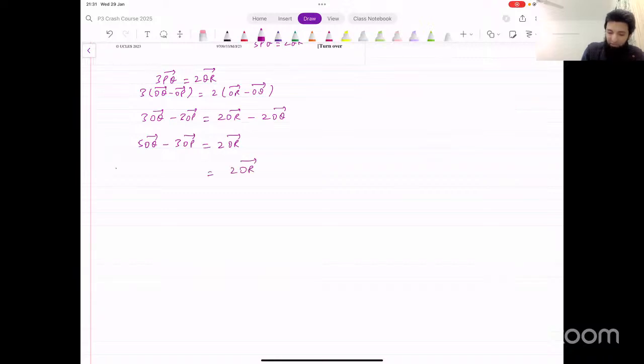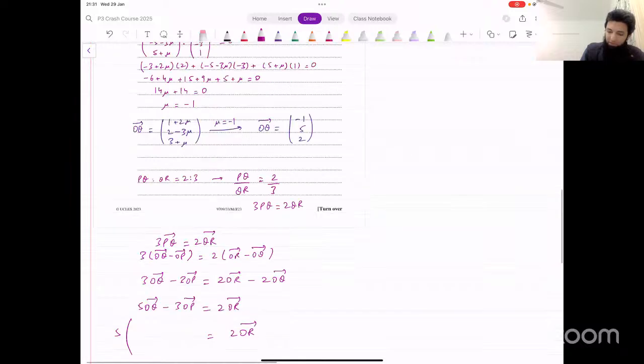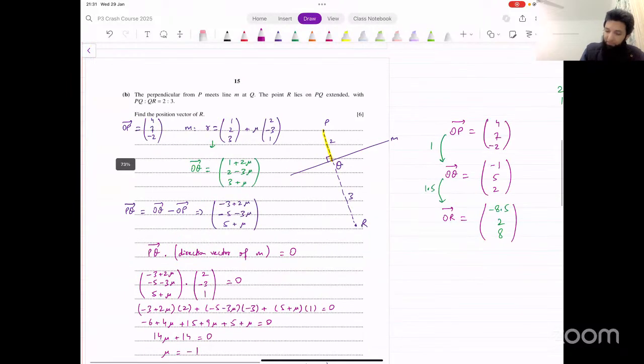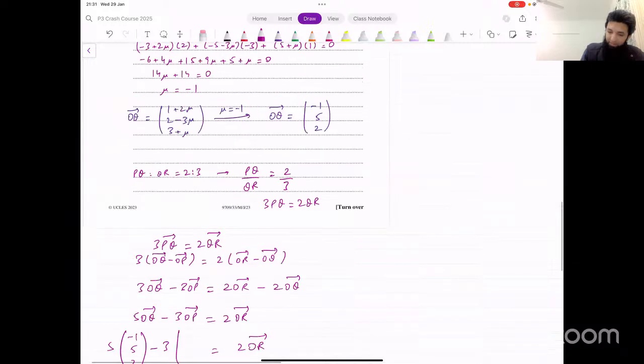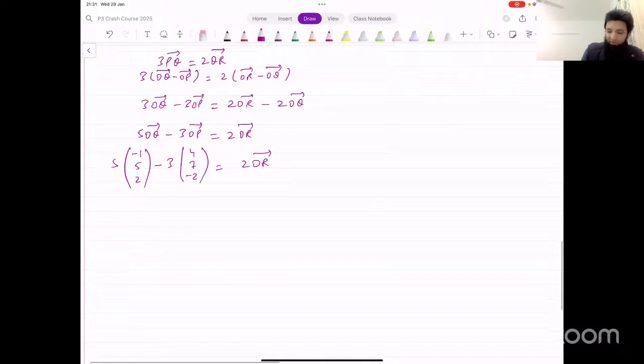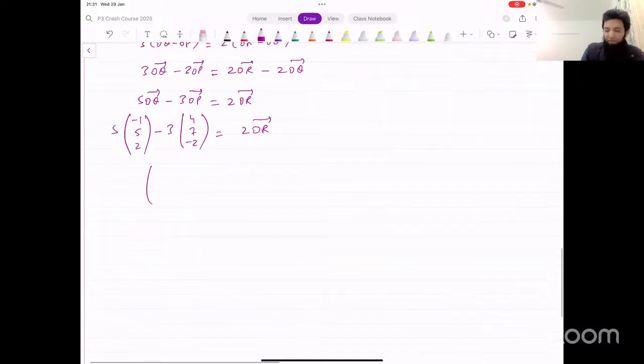So you have 2OR. Substitute that here. What's OQ? OQ was (-1, 5, 2). Subtract from that 3 times OP, which was (4, 7, -2). Simplify this. Minus 5 minus 12, that is going to be minus 17. 25 minus 21, that's 4. 10 minus 10 plus 6, which is 16.